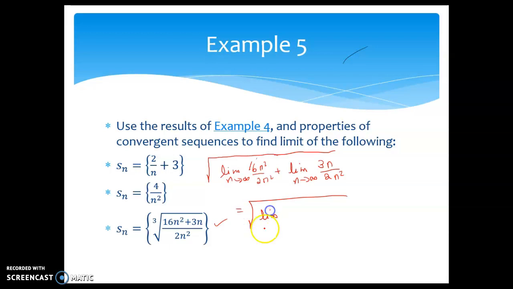the limit as n goes to infinity of 8 plus the limit as n goes to infinity of 3 divided by 2n. So the limit of this is going to be equal to 0 raised on 1 over n.